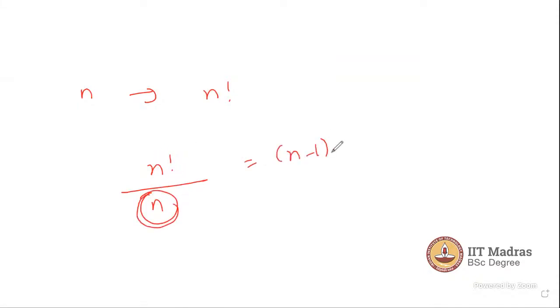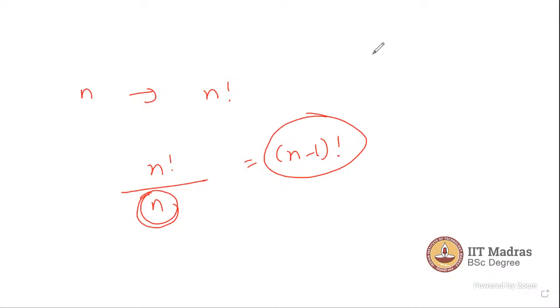So when you have n people, linearly you can arrange them in n factorial ways. But in a circle, for each case, n of those are the same. So that's why we divide by n, which comes out to be n minus 1 factorial in case of a circle.